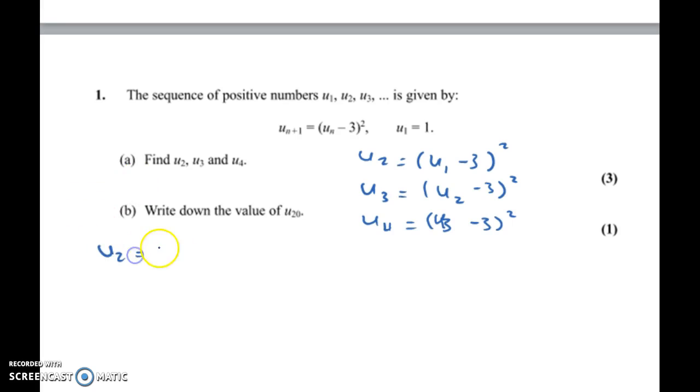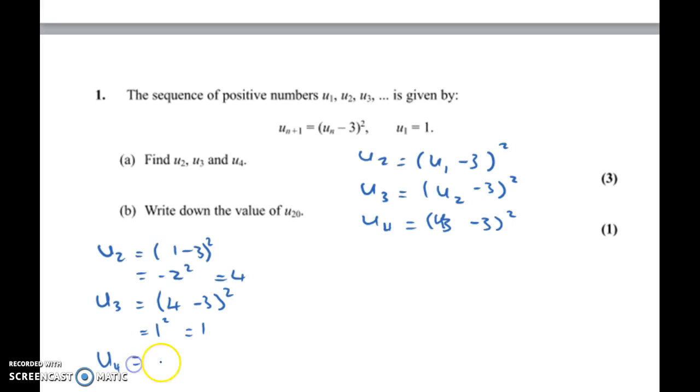So u2 equals 1 minus 3 squared, which is minus 2 squared, which is 4. u3 is u2 minus 3 squared, which is 1 squared, which is 1.